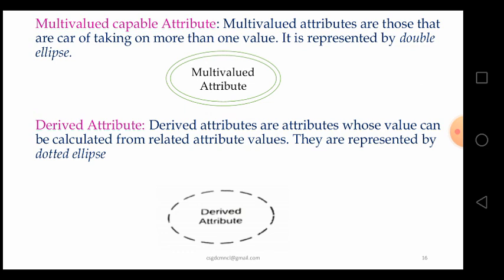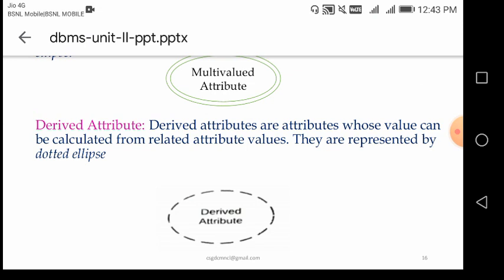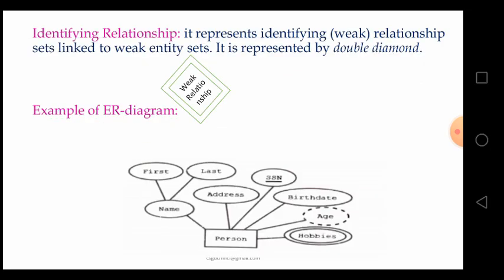They are represented by a dotted ellipse. Identifying relationship. It represents identifying relationship sets linked to weak entity sets. It is represented by a double diamond.